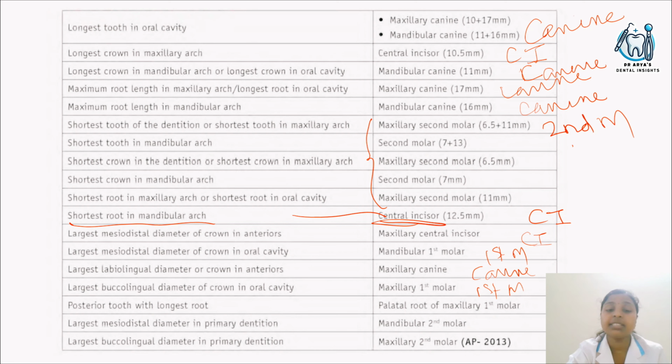Okay, so largest mesiodistal diameter of crown in oral cavity is mandibular first molar, and largest buccolingual diameter is maxillary first molar. Then posterior tooth with longest root is palatal root of maxillary first molar. Largest mesiodistal diameter in primary dentition is mandibular second molar, and the largest buccolingual diameter in primary dentition is maxillary second molar.